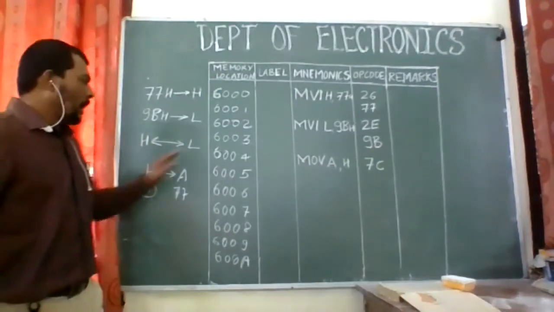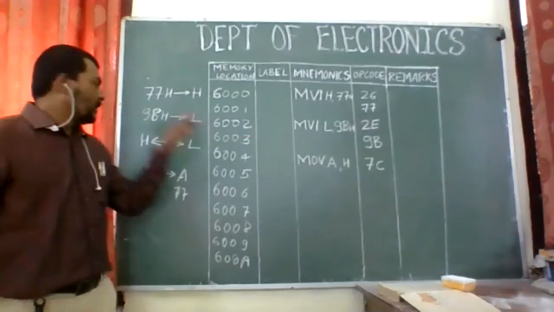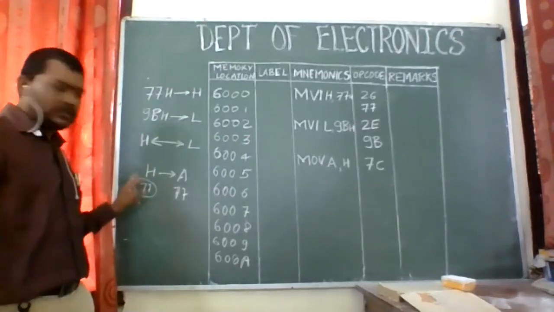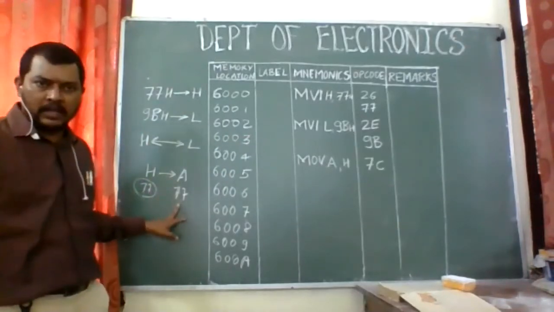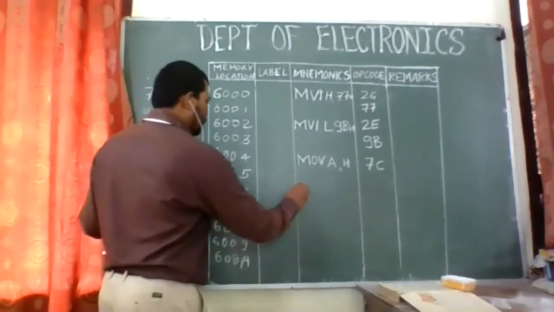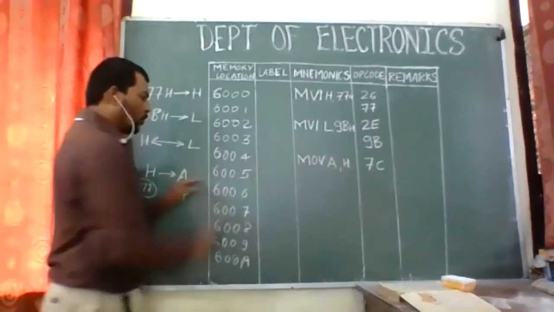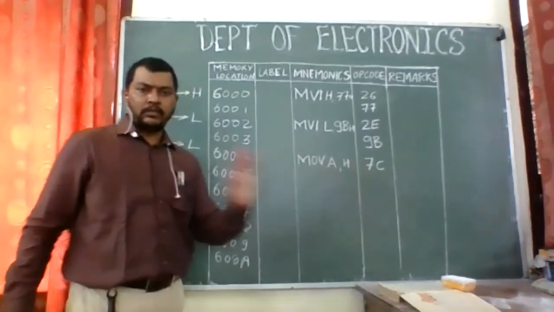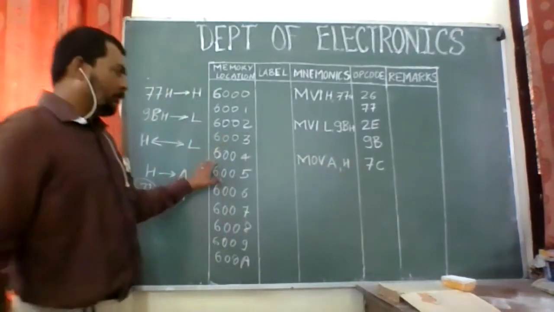So what I will do is now move the content of register L into register H. Since the data has been copied to register A, the data is intact over there. This mnemonic has a 1 byte opcode, so I'm using only one memory location.